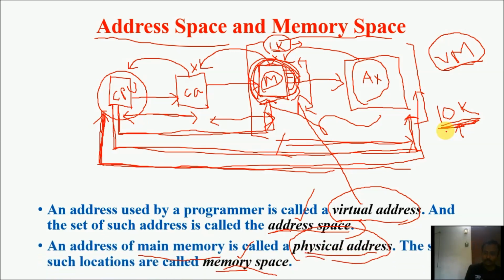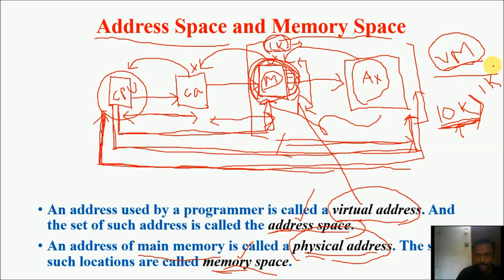This set of virtual addresses is called the address space. When this address space is larger than the set of physical addresses, called the memory space, that technique is called virtual memory.